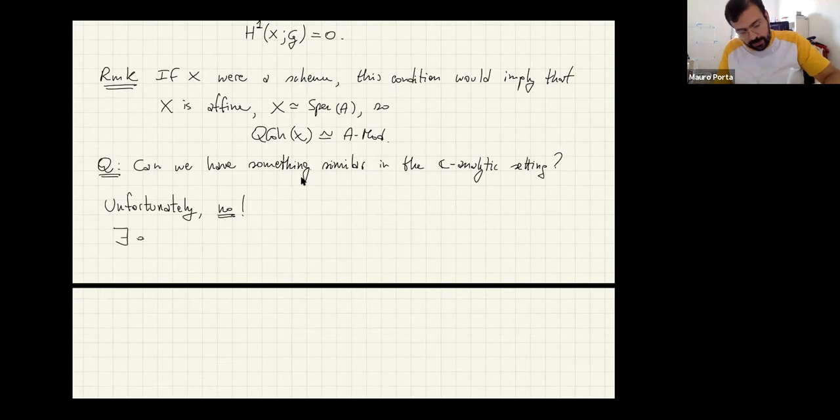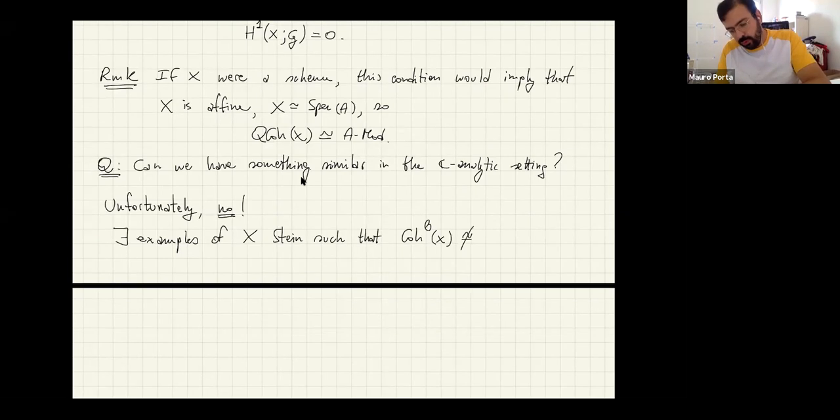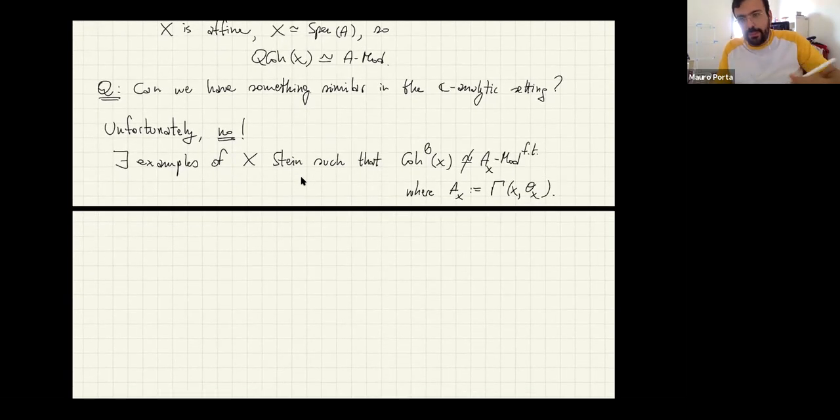There exist examples of X Stein such that coherent sheaves on X is not equivalent to A_X-modules of finite type, where A_X is Gamma of X, so entire holomorphic functions. And what is the main problem?